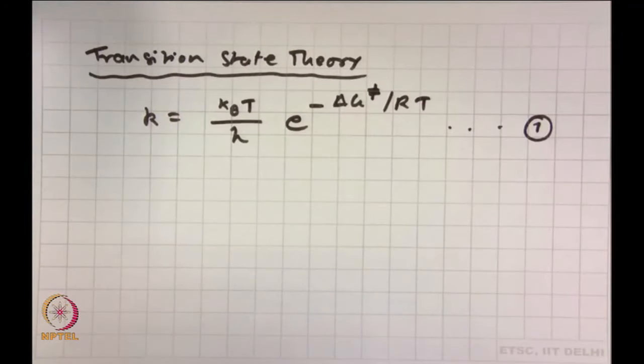Okay. Now, ΔG can be broken into ΔH and ΔS and all these things. Now, what is k_B T by h? Can someone tell me what is k_B T by h? What is that? Frequency. It is frequency, and it is very easy to remember. Why? It is like this, k T by h.